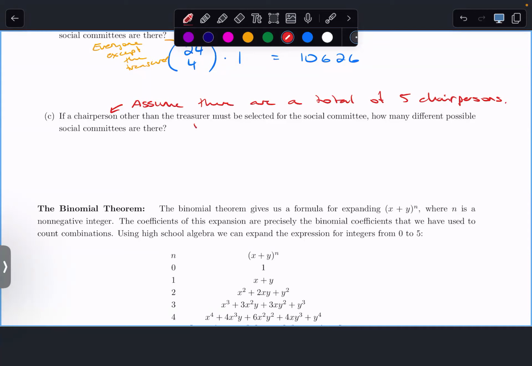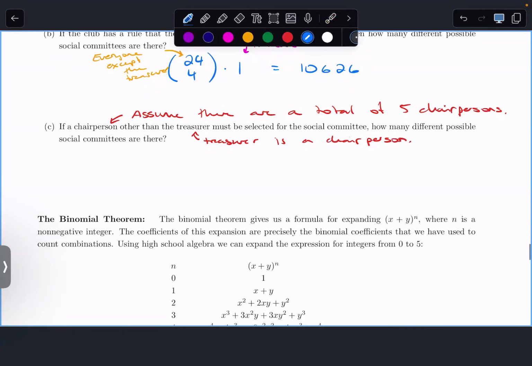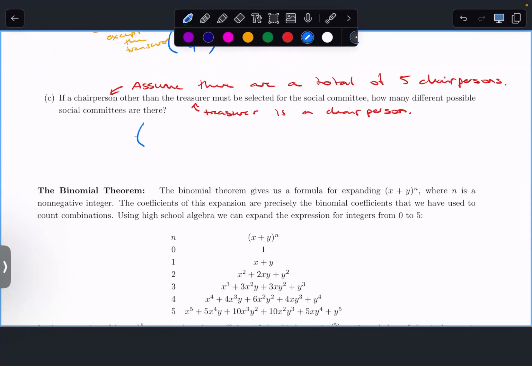And the treasurer is a chairperson. Kind of missing bits of information here. So then when we're choosing for the social committee, we're going to have the same situation, right? 24 choose 4 because one of the people from this secret chairperson group, I don't know where they got that from, sorry. I think I copy pasted too hard.